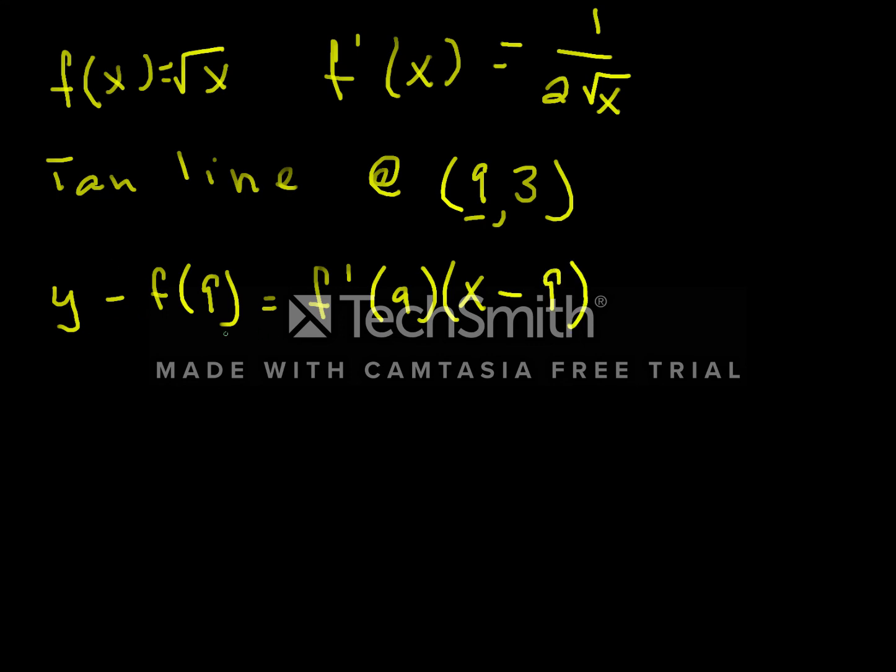So we're just filling it in, and we know f of 9 is 3, f prime of 9, if we put it into our derivative function, the square root of 9 is 3 times 2 is 6. So evaluating everything here, we get y minus 3 is equal to 1 over 6 times x minus 9. And so this equation is the equation of our tangent line.